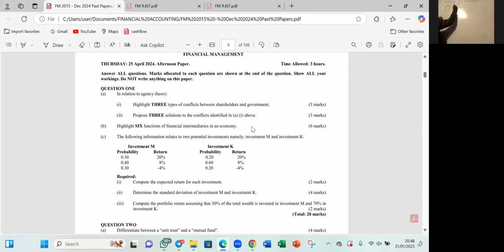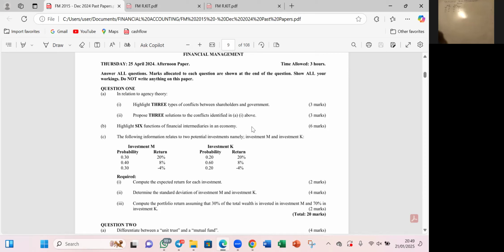And then tunaenda kwa hiyo mwingine, investment K. Probability 0.2, 0.6, and 0.2. Then the return is 20, 8 na minus 4, zinafanana. Oh, so that one is fine.